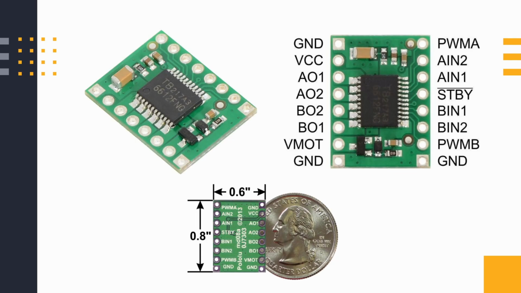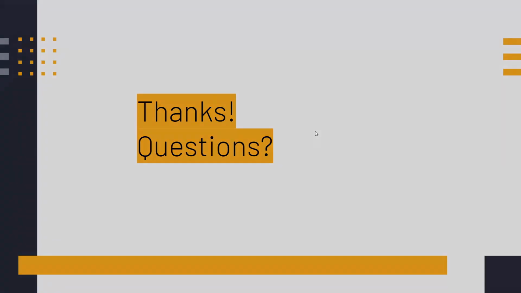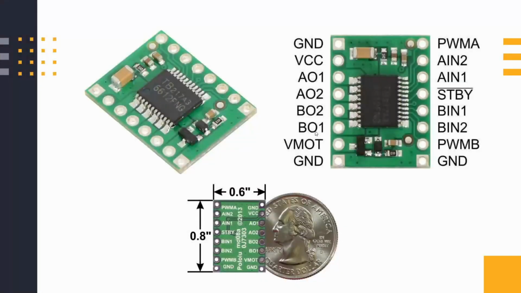It's the TB something. I don't remember the full name. TB6612FNG, I think. Oh, not there yet. And this motor driver, you're going to notice it has a couple little words written there: PWMA, AIN1, AIN2, STBY.